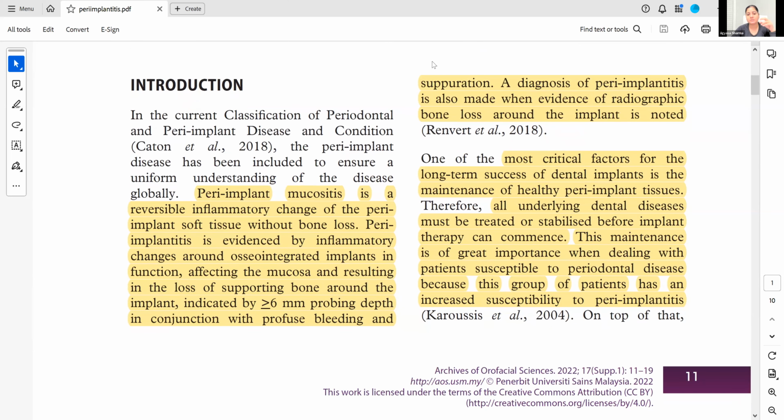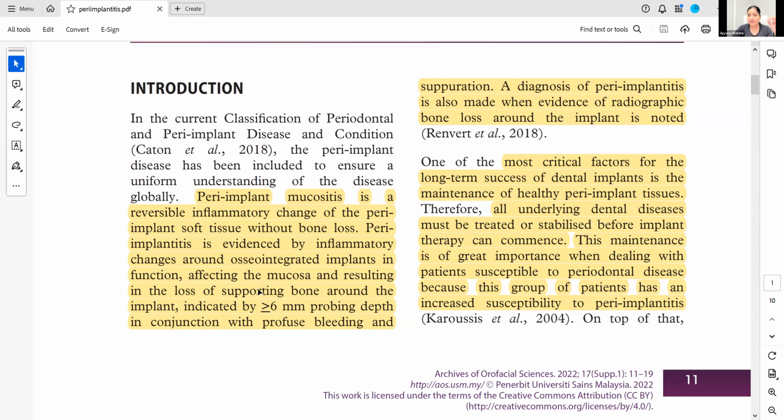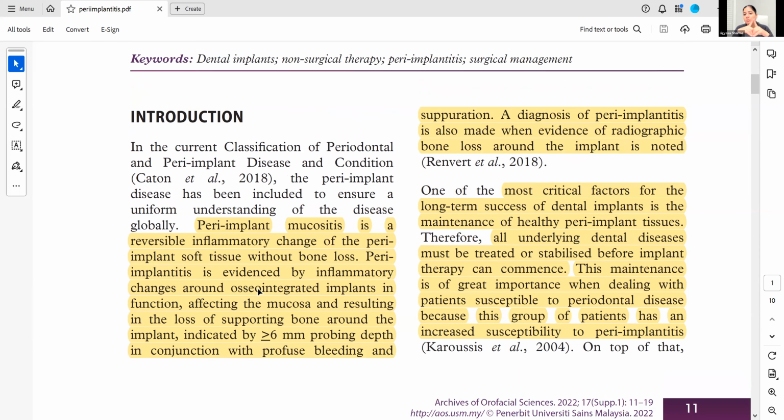So remember, this is a very important factor: it has to involve the mucosa, there should be loss of supporting bone, not just marginal bone, and probing depths greater than 6 mm in conjunction with profuse bleeding and suppuration. Evidence of radiographic bone loss around the implant is noted.